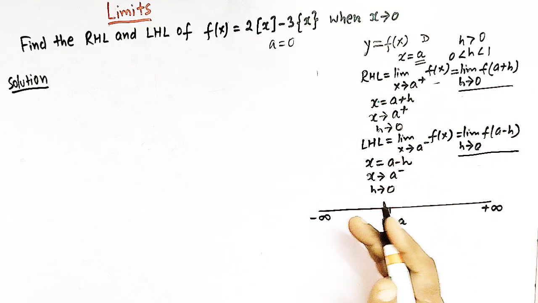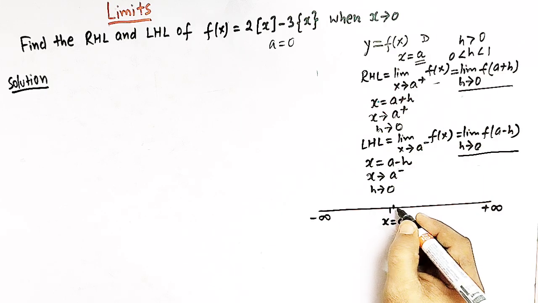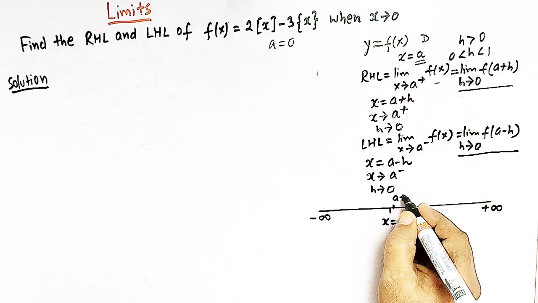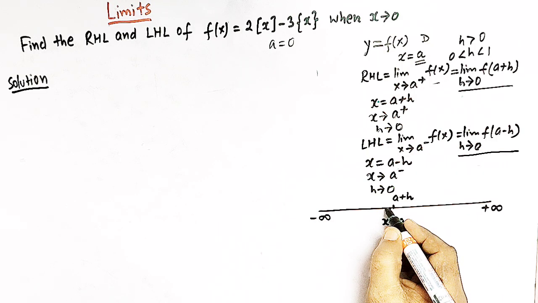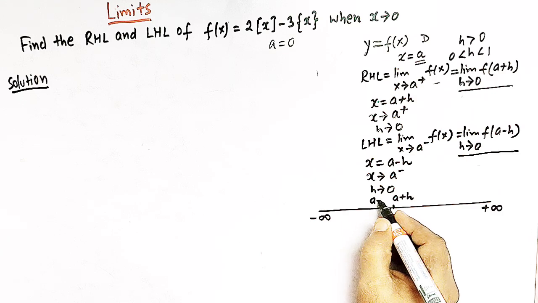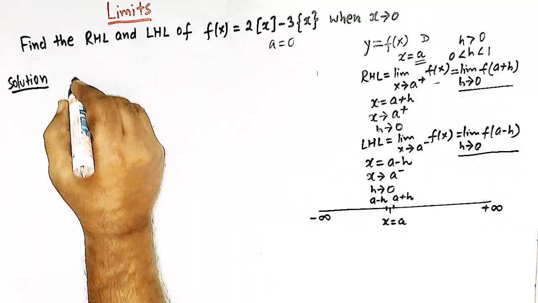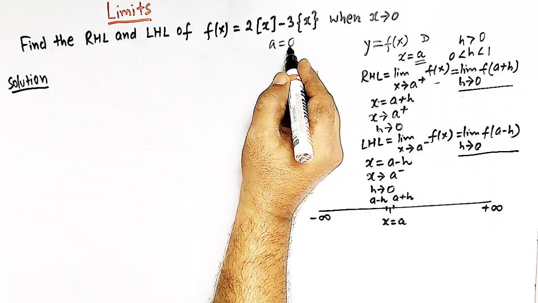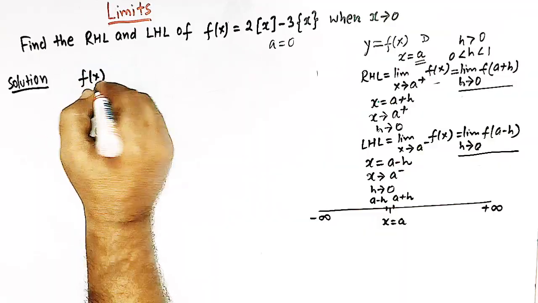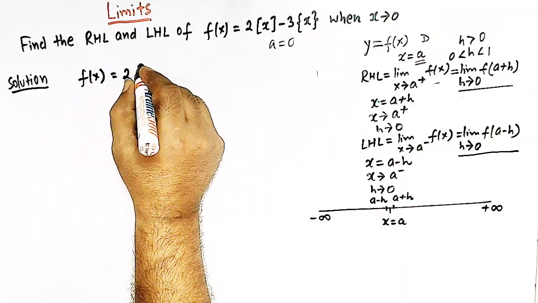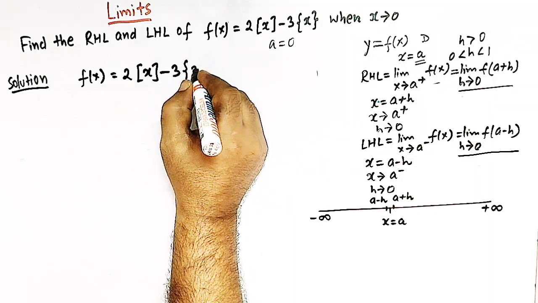So towards the right of x is equal to a, we have this point as a plus h, and towards the left of x is equal to a, we have this point, that is a minus h. In this case we have a is equal to 0. So we can now write our function f of x is equal to 2 times the greatest integer of x minus 3 times the fractional part of x.